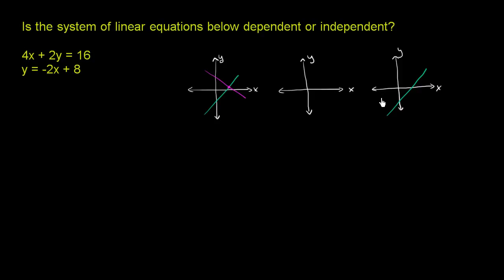It has a different y-intercept, so maybe it looks like this. And you have no points of intersection. And then you could have the situation where they're actually the same line, so that both lines have the same slope and the same y-intercept. So really, they are the same line. They intersect on an infinite number of points. Every point on either of those lines is also a point on the other line.